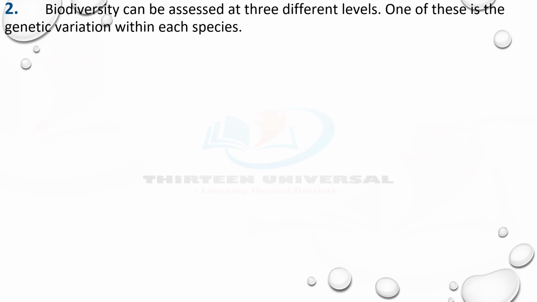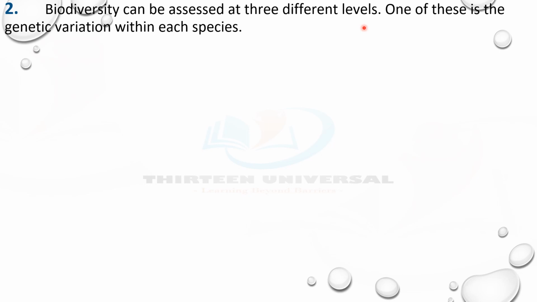Number 2, biodiversity can be assessed at 3 different levels. Guys, remember that we are also doing revision. This video is revision for what we have done in A2. So as you watch it, you try to revise, apart from applying the concepts.